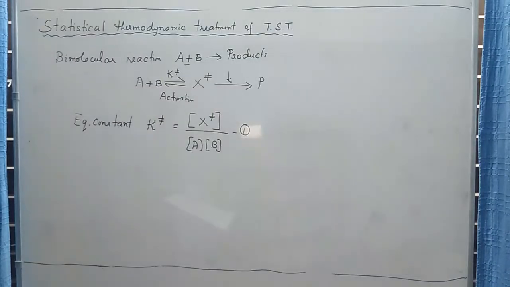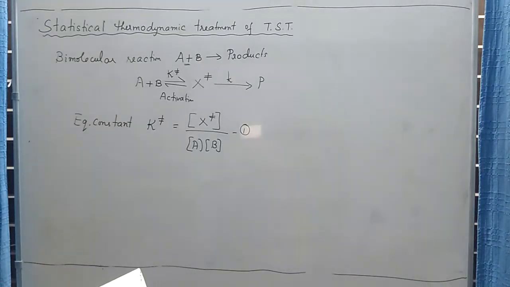So this is the expression for the equilibrium constant. But we have studied in our earlier semester, in statistical thermodynamics, how to express the equilibrium constant in terms of the partition function. Please remember all the thermodynamic quantities such as enthalpy, entropy, free energy, and even the equilibrium constant can be expressed in terms of the partition function. That gives a relation between classical thermodynamic quantities and statistical thermodynamic quantities.